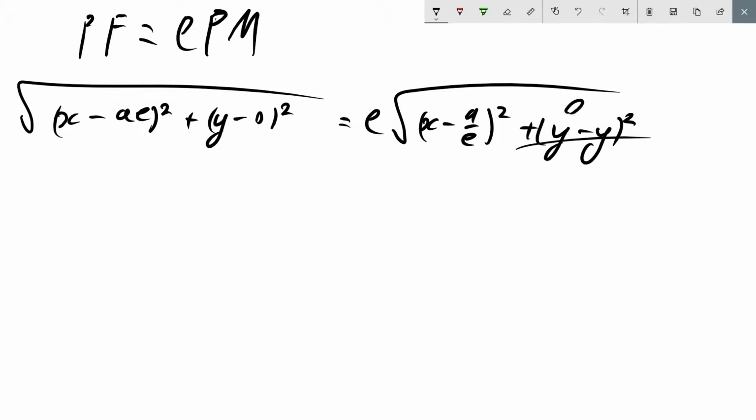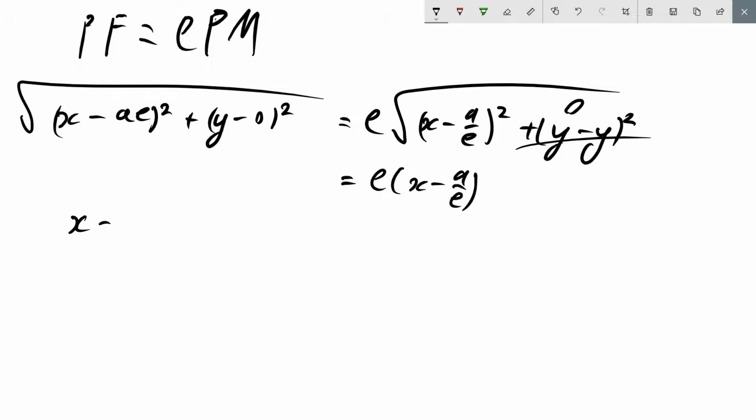This becomes 0, and then the square root and the square cancel each other out, and we're left with e times (x minus a/e). Could expand inwards, but it's better to just leave it for now and square both sides first.